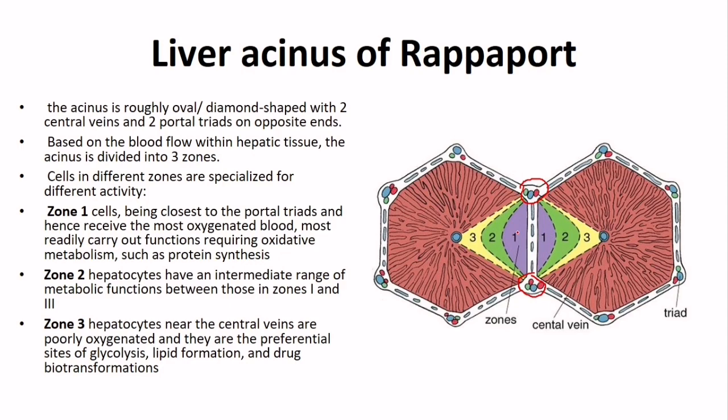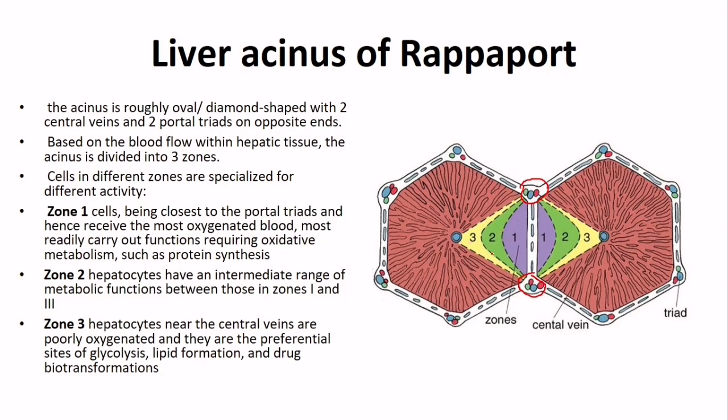Cells in zone one get more oxygen and more blood, so most of them carry out processes which require oxidative metabolism, such as protein synthesis. Cells in zone three are furthest away from the oxygen and nutrients, so they carry other functions different from those in zone one, including glycolysis, lipid formation, and drug biotransformations.